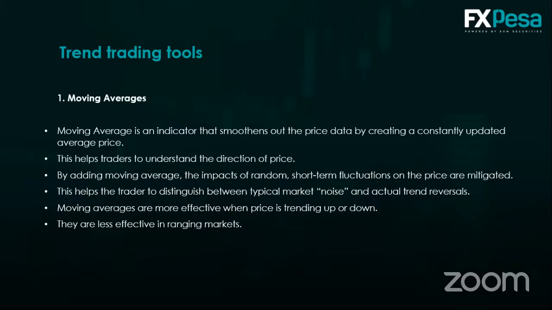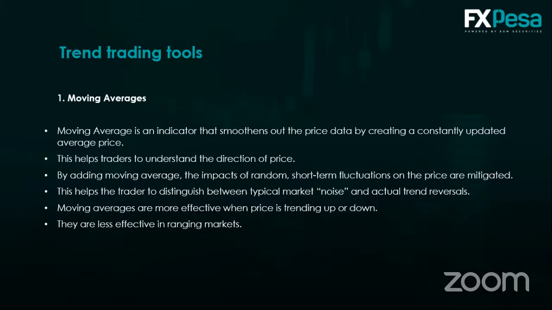And once you've added a moving average on your chart, you'd be in a position to identify where the average price lies. So this would help traders to understand the direction of the price. By adding a moving average, the impact of random short-term fluctuations in price is mitigated. So you'd have a smooth flow, thereby knowing the most optimal point to consider entering a trade.